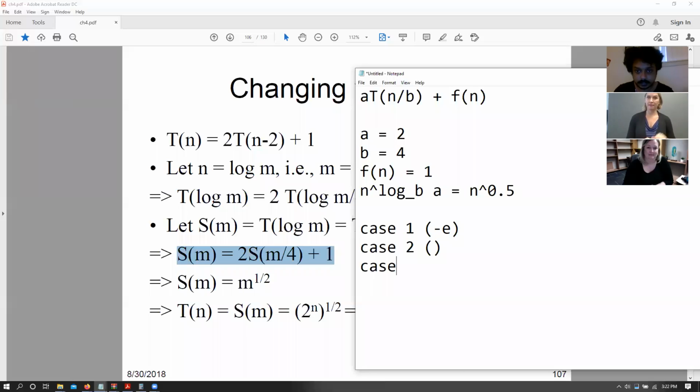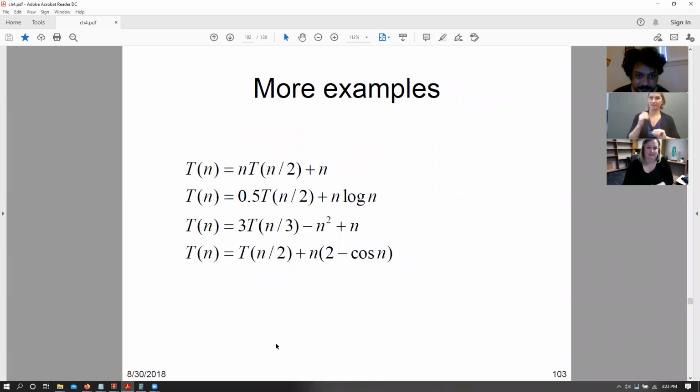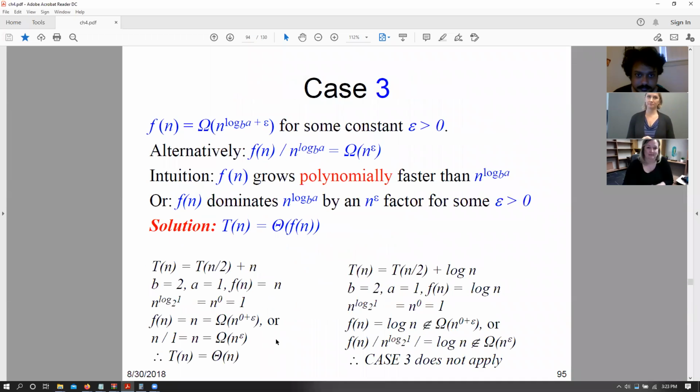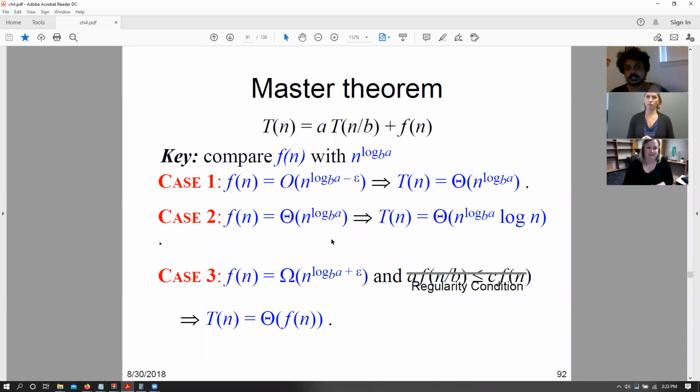And case 3 requires that we add epsilon to it, right? So in this case, we have n raised to the power of 0.5. What do we need to add or subtract to get to 1? Minus 0.5, right. Case 1. My bad, yes, case 1. We need to subtract 0.5 from this particular expression to get that number.